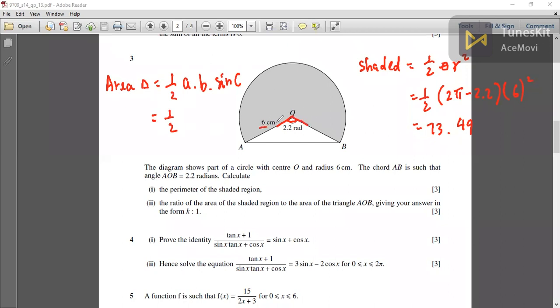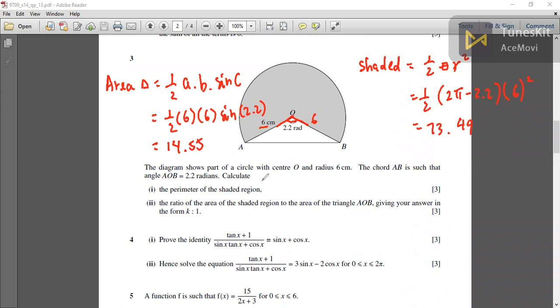We have known this is 6, this is 6, so it will be half times 6 times 6 times sine of 2.2. Okay, so in the calculator I got about 14.55.